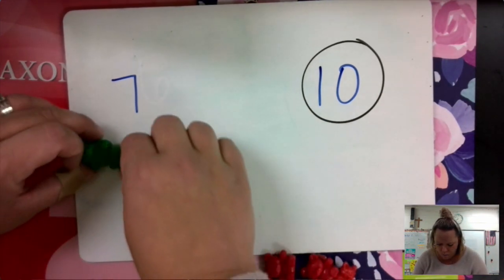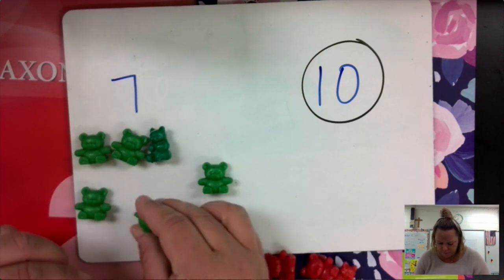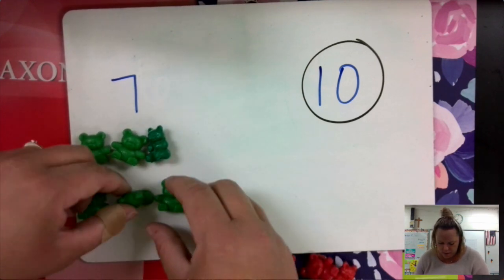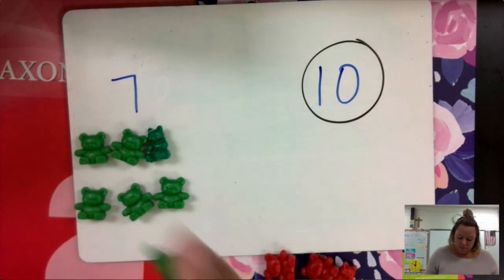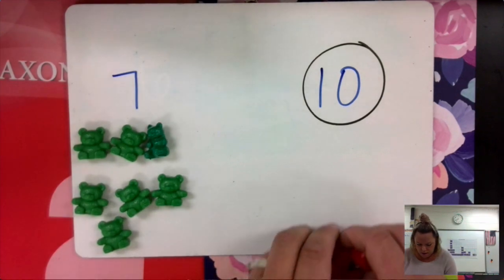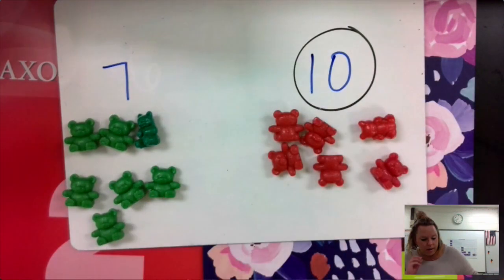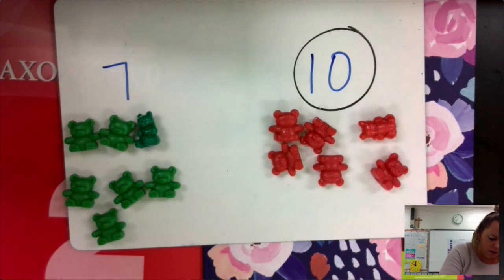So I've got 1, 2, 3, 4, 5, 6. I have 7 bears over here. And on this side, I've got 6, 7, 8, 9, 10.